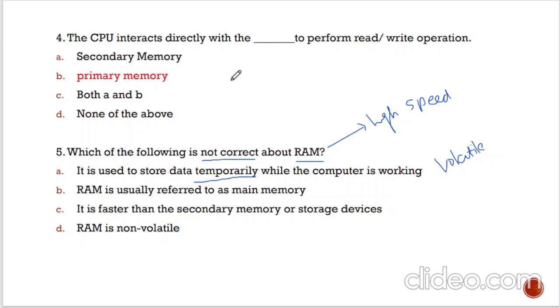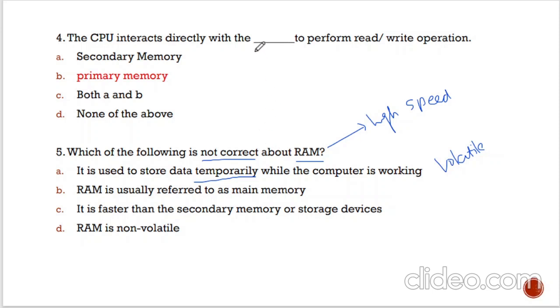The CPU has to perform its task within milliseconds or nanoseconds, so it has to improve its performance.